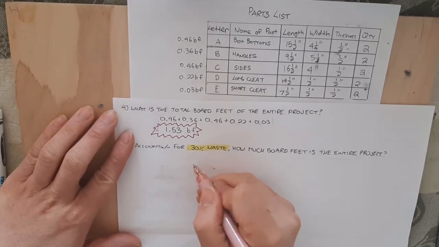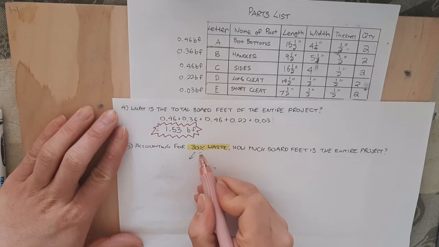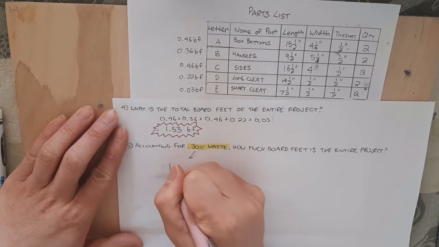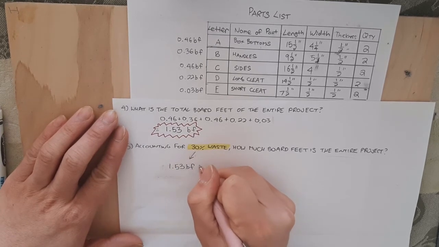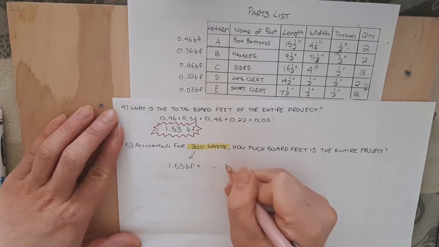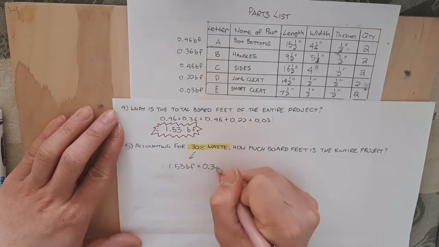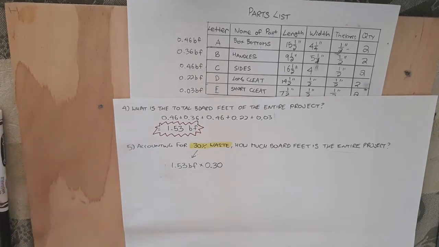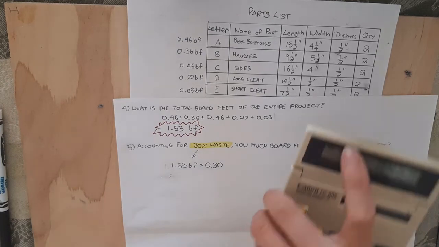So to figure out the amount of waste, we're going to need to find 30% of 1.53 board feet. So 1.53 board feet. Now we're going to convert 30% into decimal form. So if you convert it into decimal form, you will get 0.30 or 0.3. Then you would just multiply these two numbers.